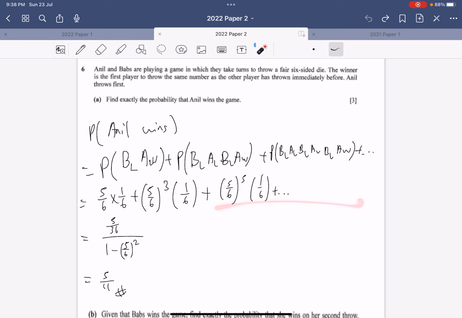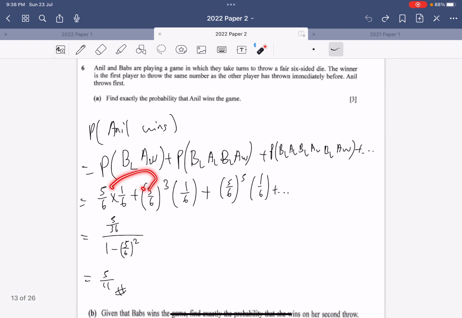And as follows. So this is a geometric series. And so we just use the geometric series formula. So it's the first term, which is 5/36, divided by 1 minus the ratio. So the ratio is 5/6 squared. So then it equals 5/11.